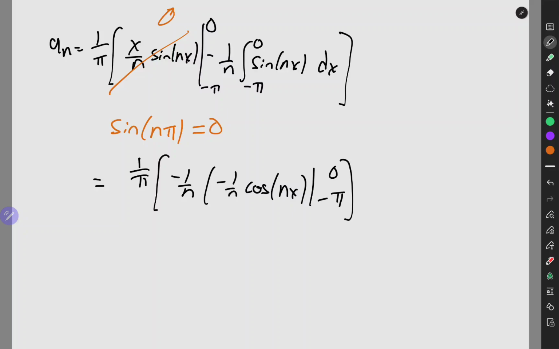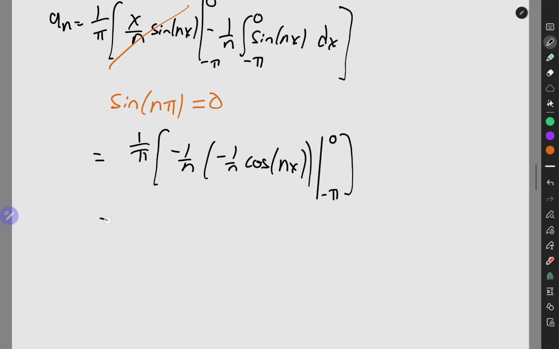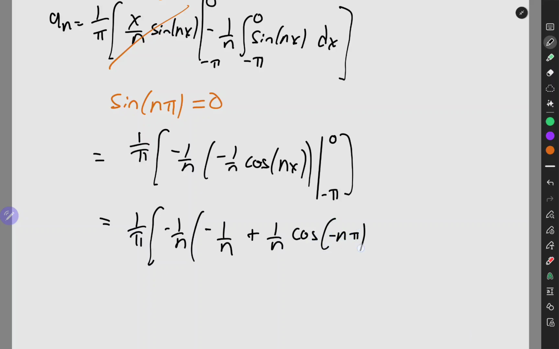Okay, let's evaluate this. 1 over pi times negative 1 over n times negative 1 over n minus, so that's plus 1 over n, cosine of negative n pi.